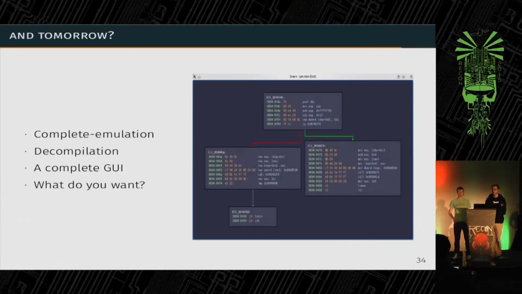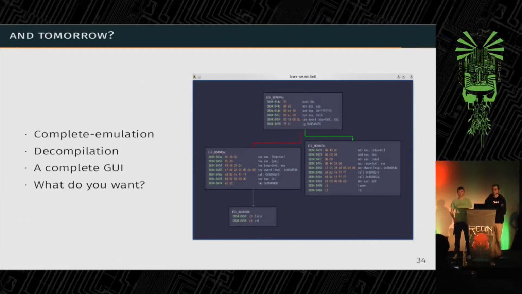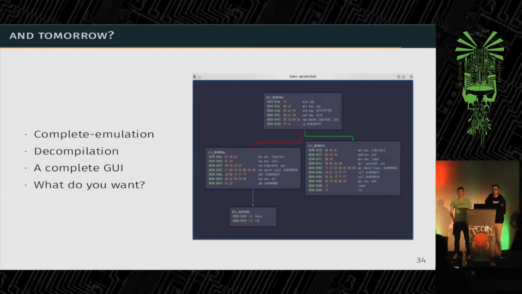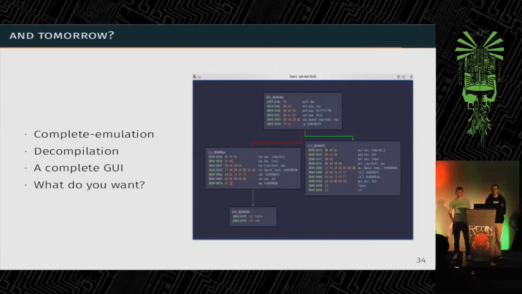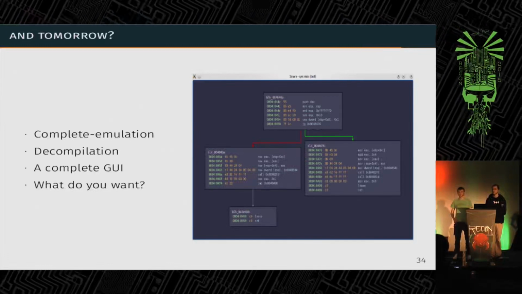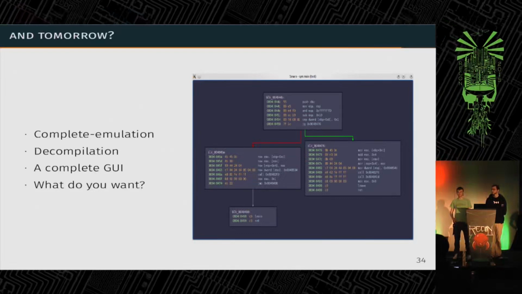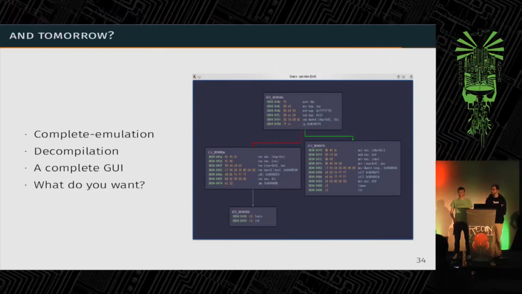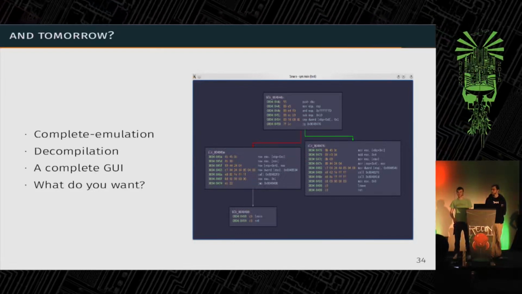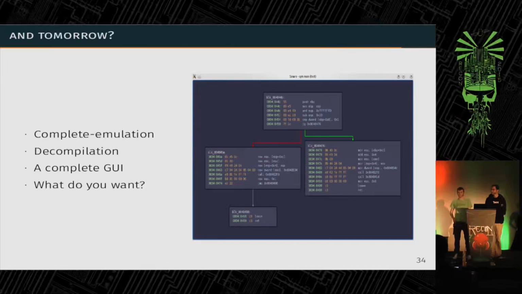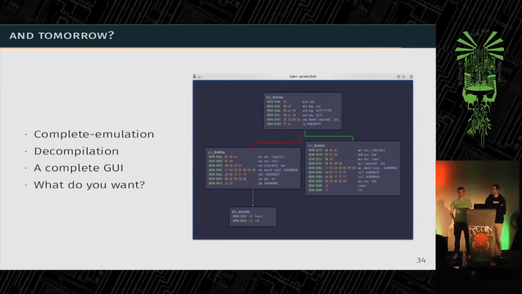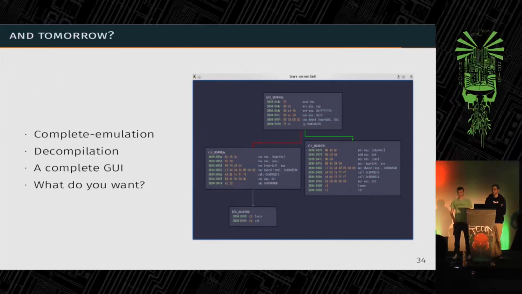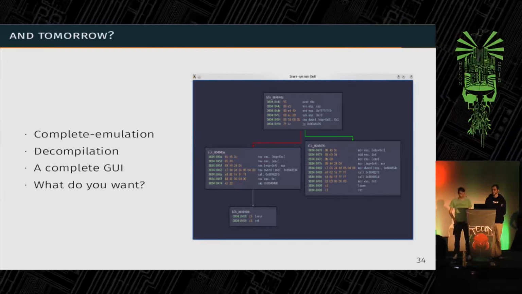Decompilation, we're in a very early stage for this, but we expect to have something usable relatively soon. And one of the major features that everyone wants is a GUI. We don't have this. It's something that might be made soon, might not be. Basically, whatever the users want and whatever the developers want is what goes in first. And if you want these features, let us know.